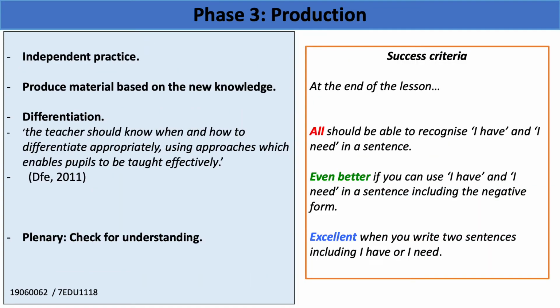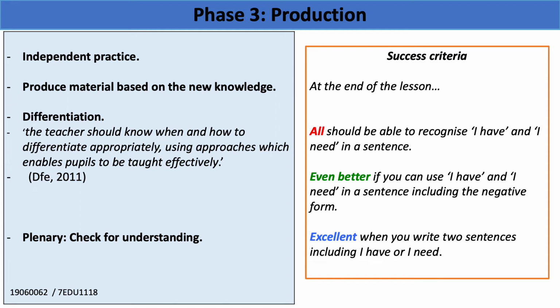During the production phase, the students will produce material on their own based on what they have learned during the lesson. It is essential to include differentiation when planning the lesson.